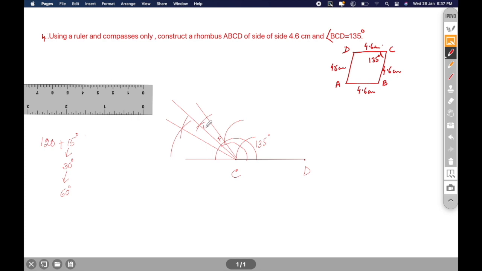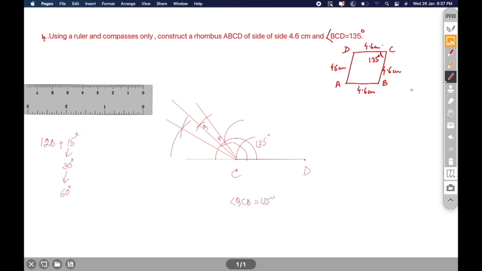I'm marking this as Q, suppose. So angle QCD is 135 degree. But I can also see that the line segment BC is 4.6 centimeter in length.